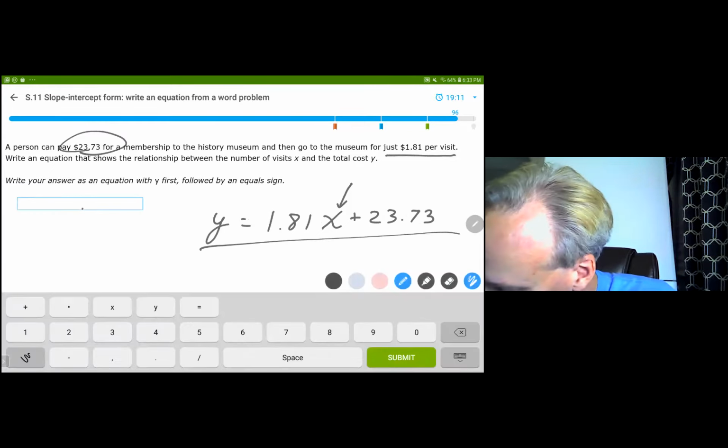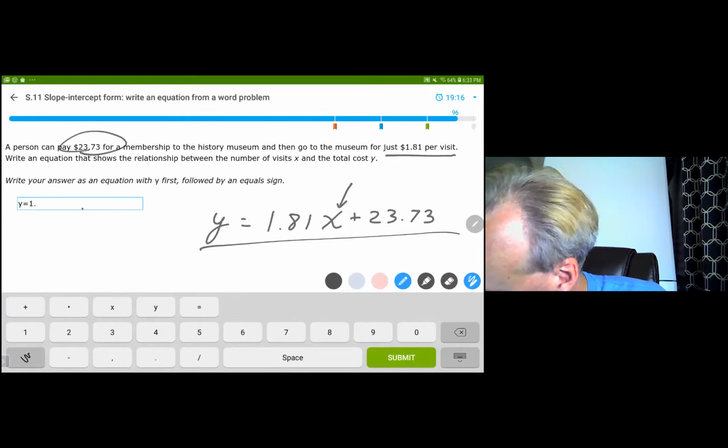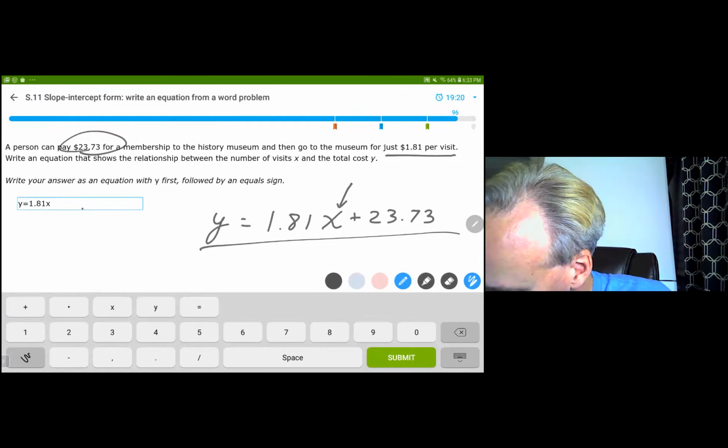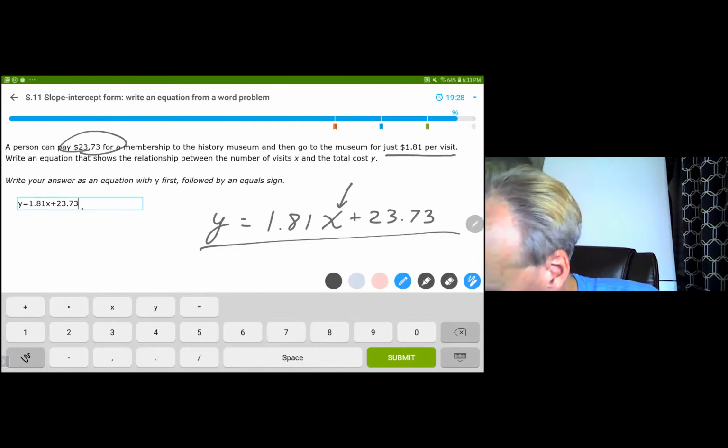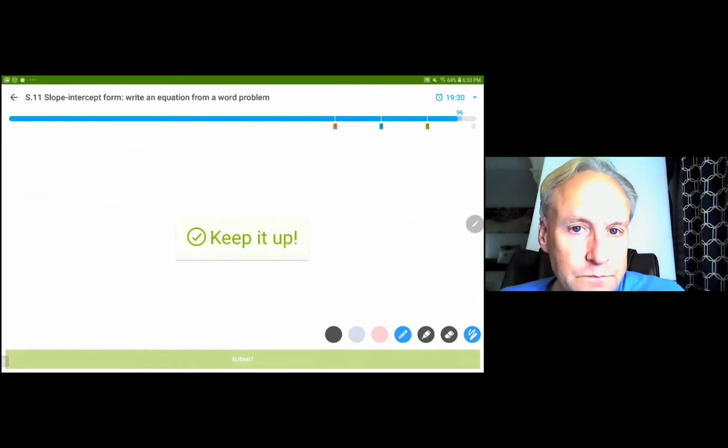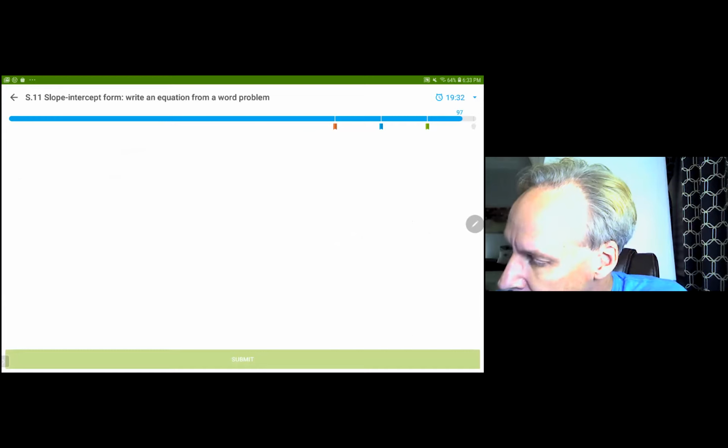Oh, I put in that weird decimal again. 0.81 is the cost for each visit plus the $23.73 for the initial cost, and looks good. We're getting there.